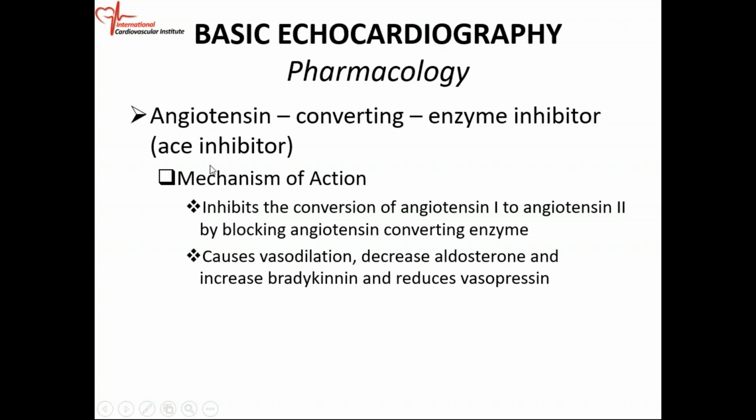So your ACE inhibitor blocks that. As a result of that, it causes vasodilatation. Blood vessels are going to dilate. It's going to decrease aldosterone production as well. It's going to increase bradykinin and reduce vasopressin.